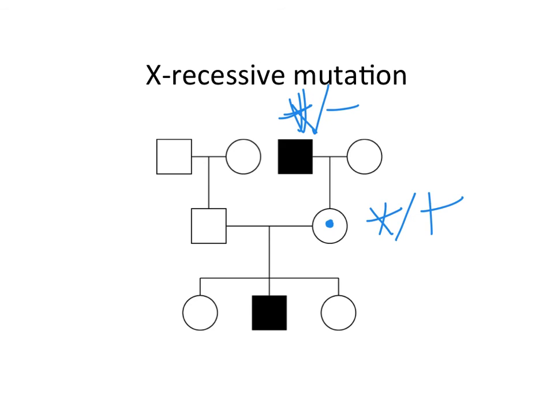What about my sisters? So this is me. What are the genotypes of my sisters? What's the probability that they're carriers? Mom has 2 X chromosomes. She passes 1 of them to each daughter. So the probability of being a carrier is 50%.